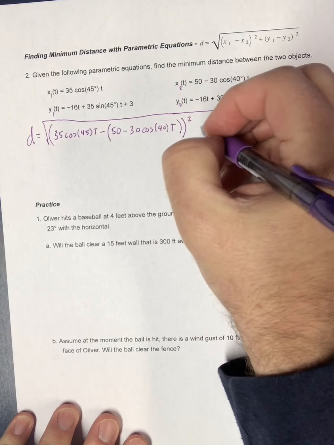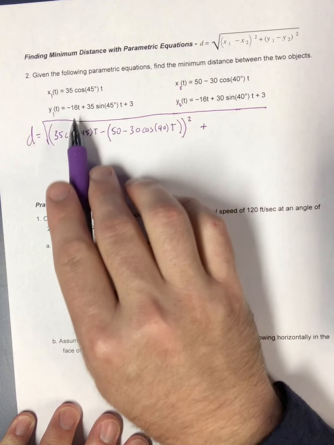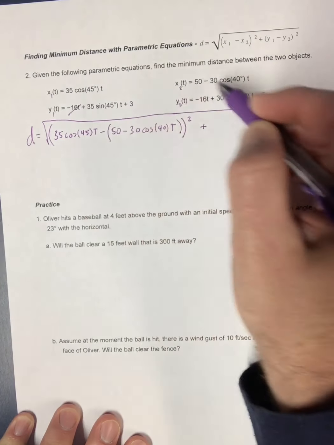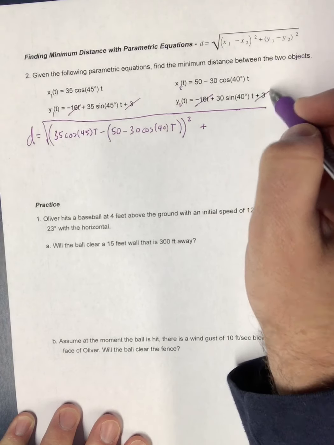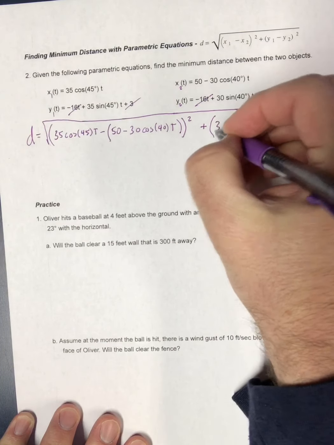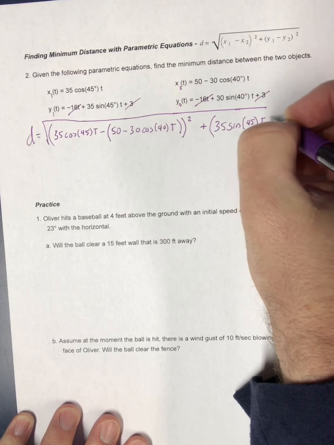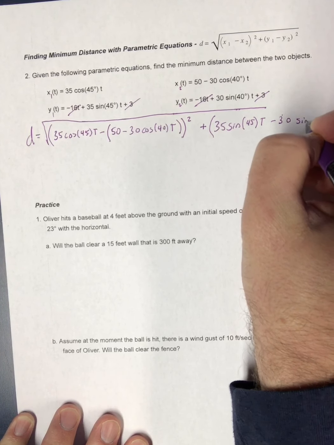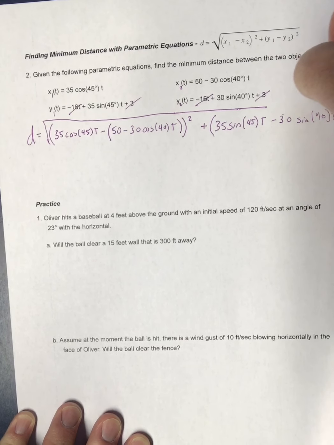Now for this next part, I'm going to kind of take a leap here so that you can understand what's happening, but if we do this minus this, what ends up happening is the negative 16t squareds would cancel out, the 3's would cancel out, and we'd be left with 35 sine 45t minus 30 sine 40t.